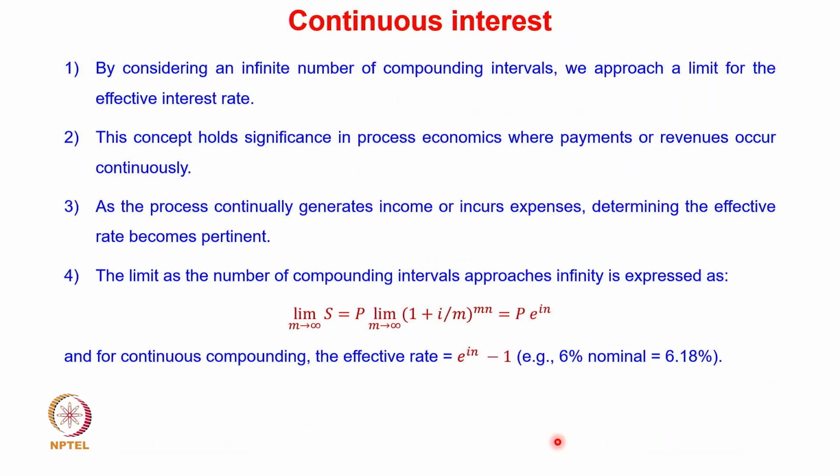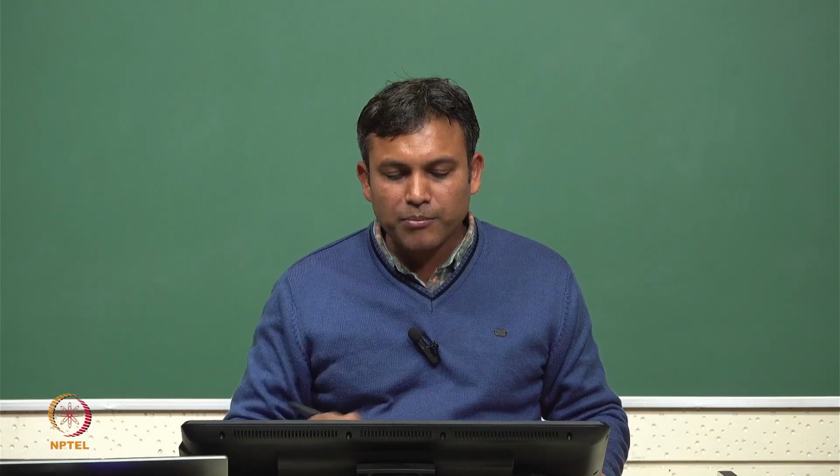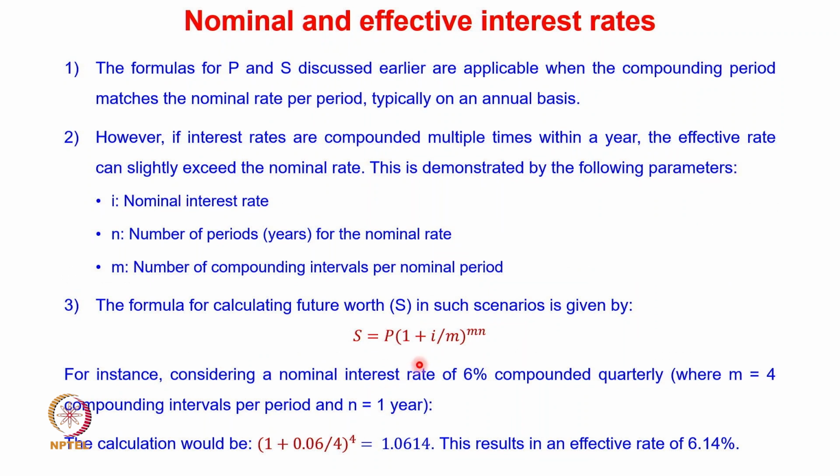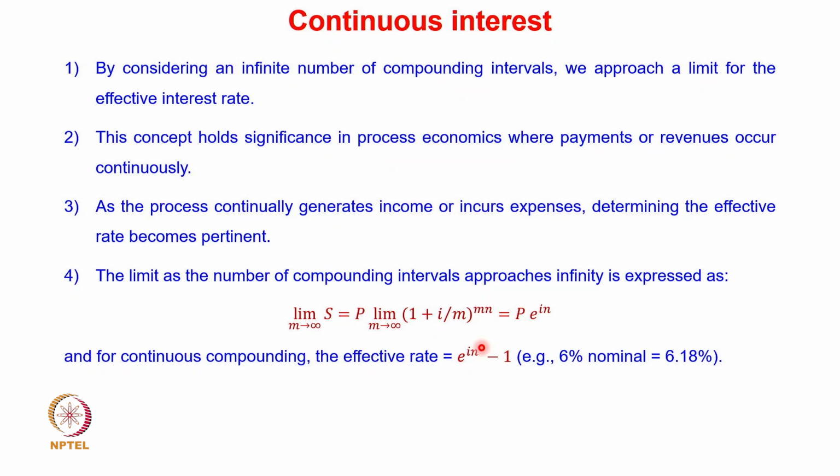Now let's say continuous compounding is taking place. If we take an infinite number of compounding intervals, we approach a limit for the effective interest rate. In that case, we can modify the same formula we looked at earlier.